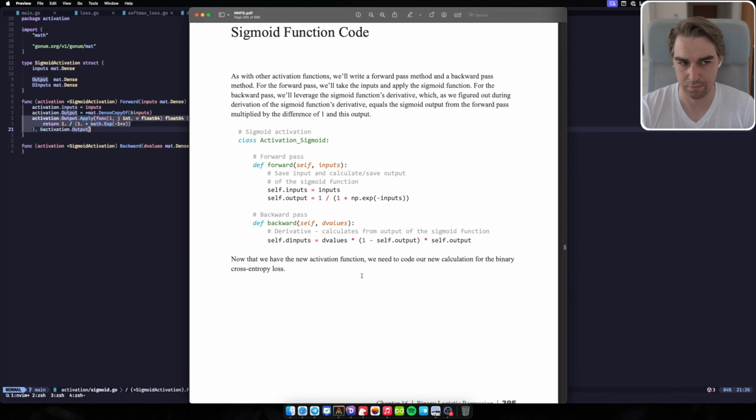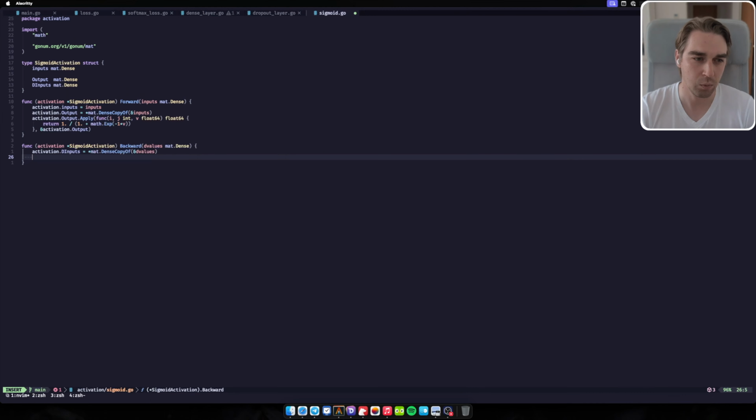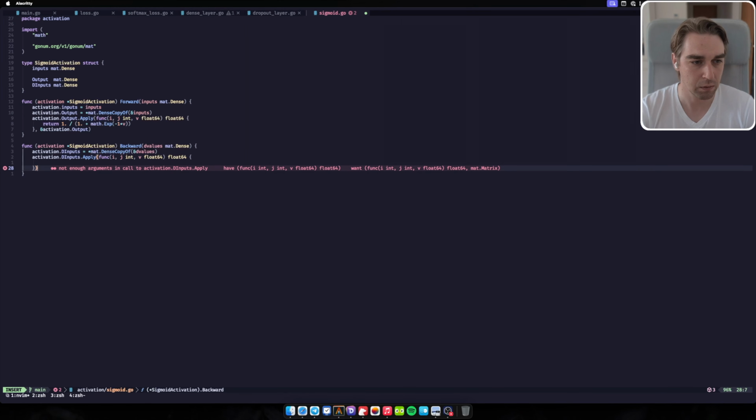That's it. Then we need to calculate the dinputs. The dinputs will be the same as dvalues. Then we apply the function to the inputs again.